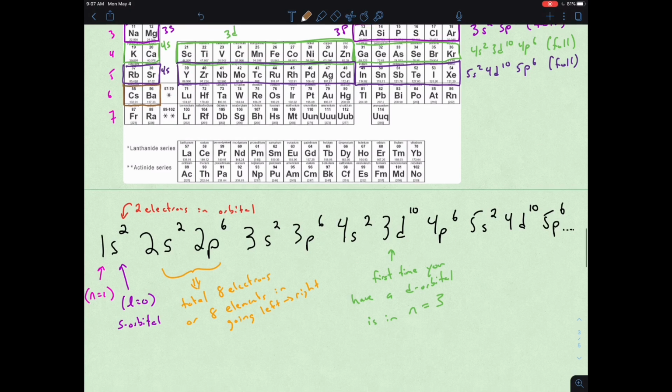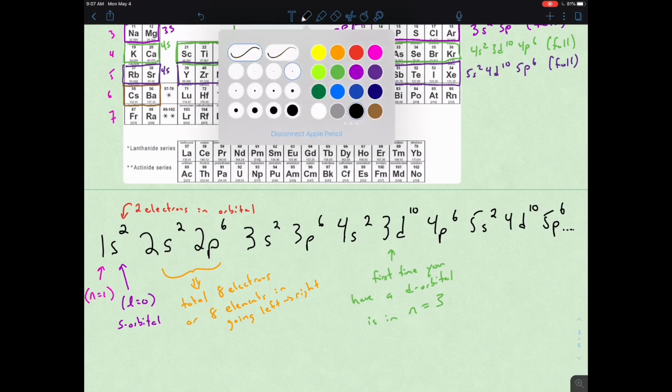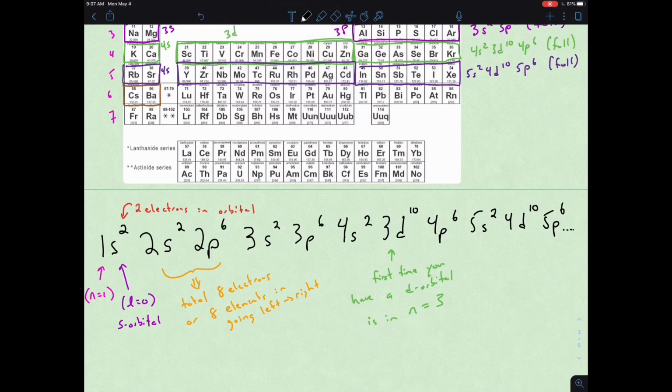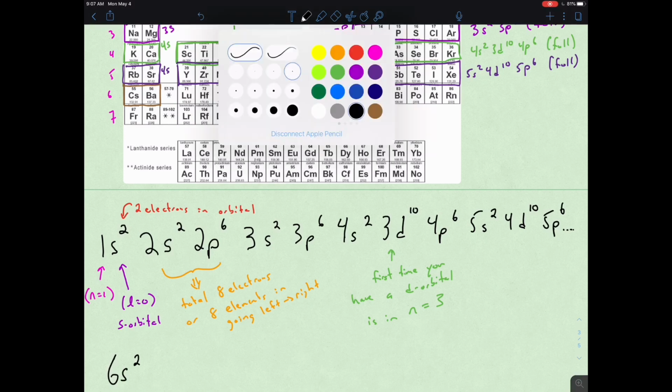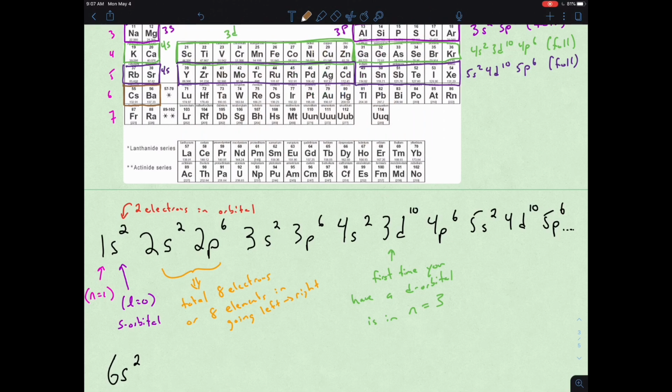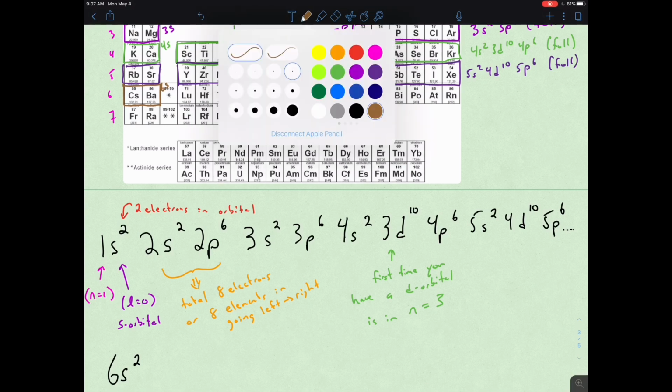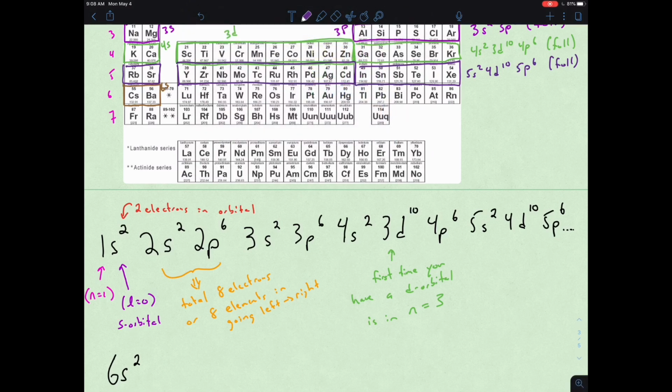And so that's when we would be filling in, coming down below here, the 6s2. Right, so there's our 6s. Looks like I made a mistake above. I apologize, it shouldn't be 4s there. That should be a 5s. Apologize for that.